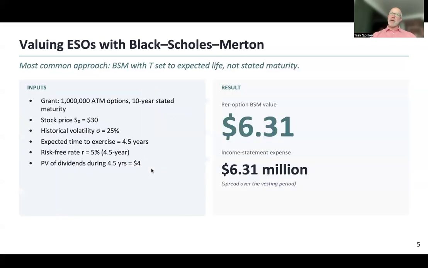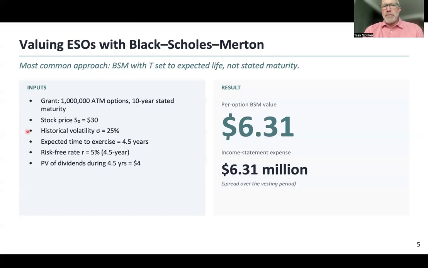So here's an example, just valuing employee stock options with our Black-Scholes-Merton model. In the typical setup here, we have a 10-year stated maturity on 1 million at the money options, so effectively 1 million underlying shares here. The stock price is currently $30 and you have a historical volatility of about 25%.